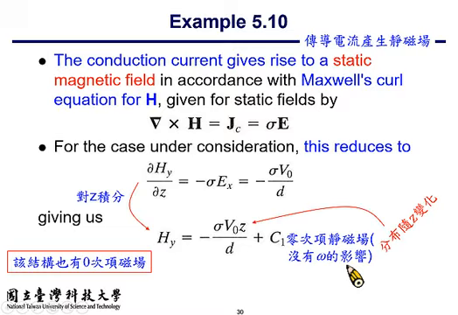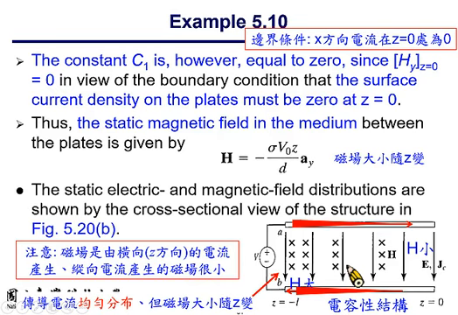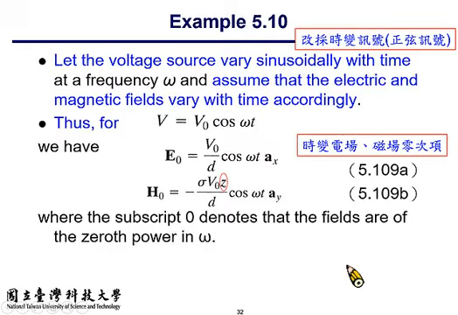The Hy sub-zero term, which is also the zeroth order term, is a function of z, which is larger to the left and smaller to the right because the current that produces the magnetic field, the current J, is larger to the left and smaller to the right. Right? So beware about the remarks.